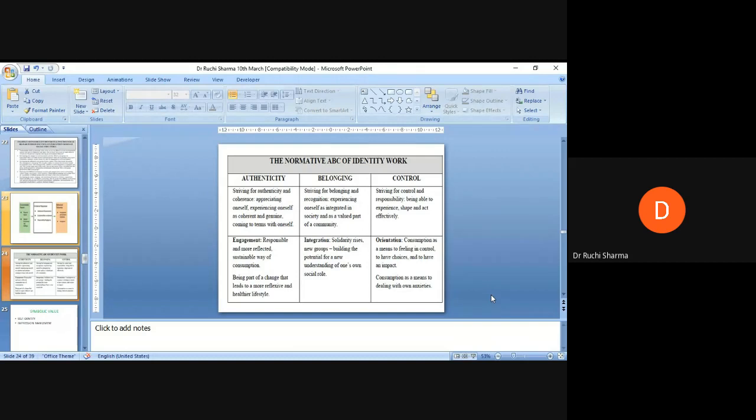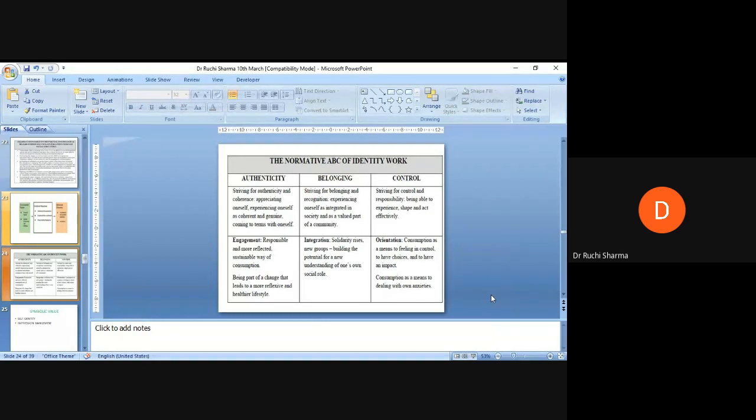When we are talking about belonging, B stands for belonging. We strive for belongingness and recognition, trying to associate ourselves with society or be a valued part of a community. And here the integration is more on solidarity, like group community feeling is more there. Whatever the group is going to do, we are going to do that only.